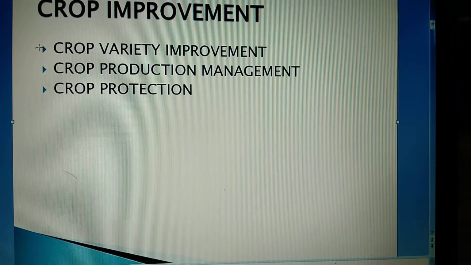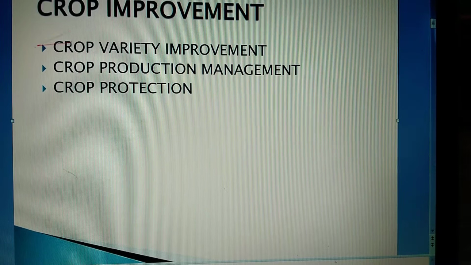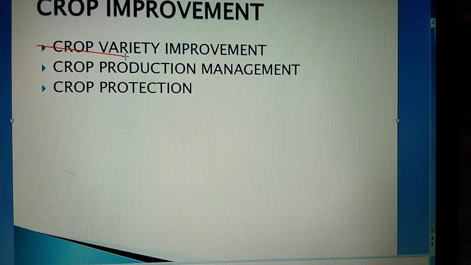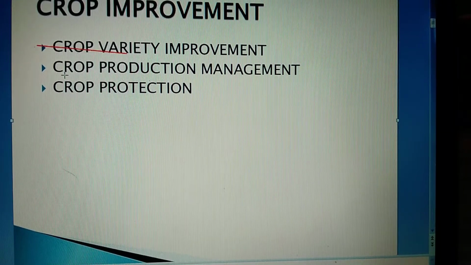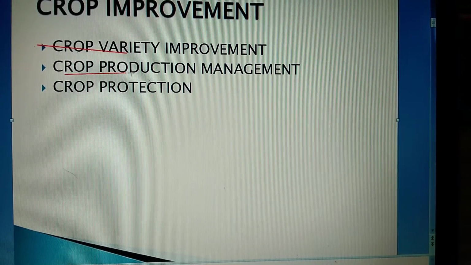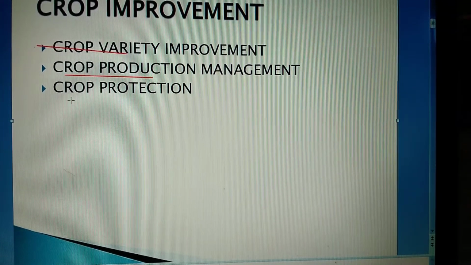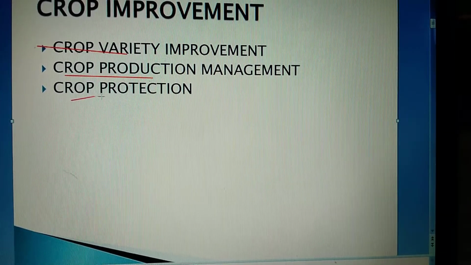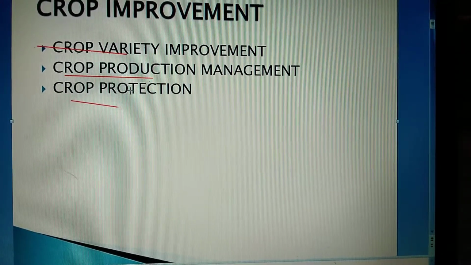First is the variety, how the variety of the crop can be improved. Next is how the crop production is managed. And third is how we can protect the crop from various insects, weeds, pests, etc.